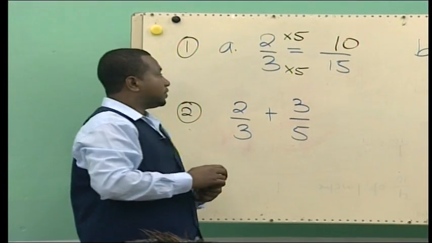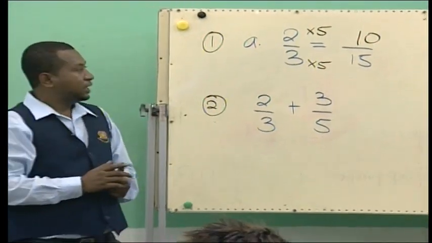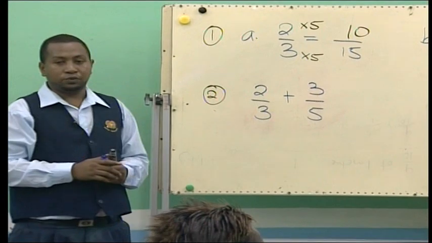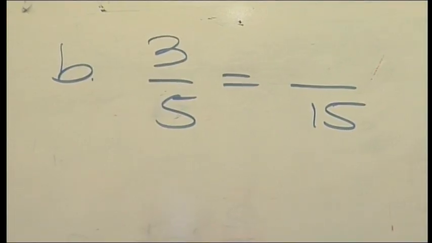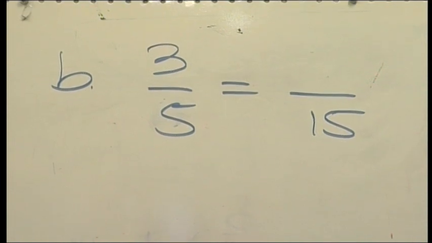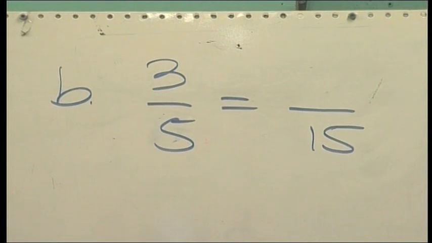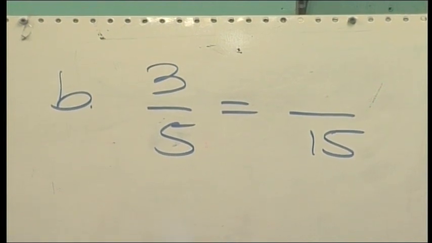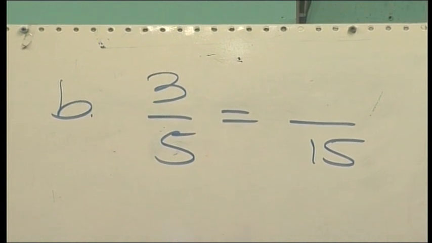Thank you. Exercise B, 3/5 is equal to what equivalent fraction? The equivalent fraction has a denominator of 15 as a clue. So what number will be in the numerator to make it an equivalent fraction of 3/5?